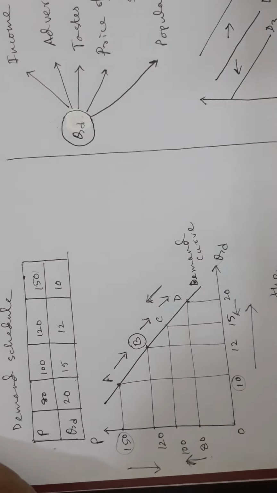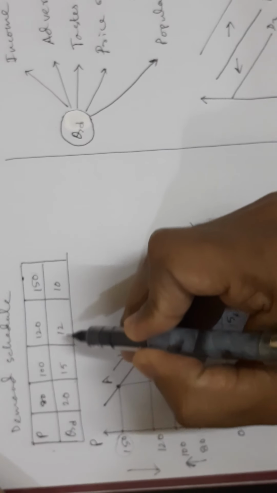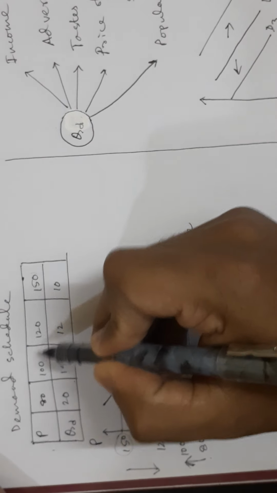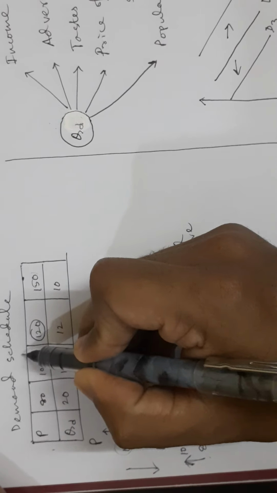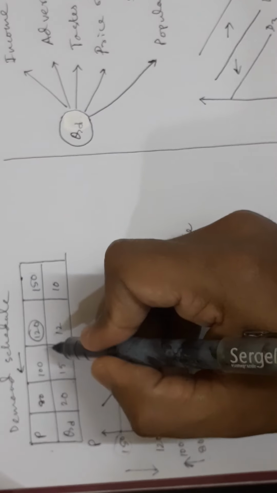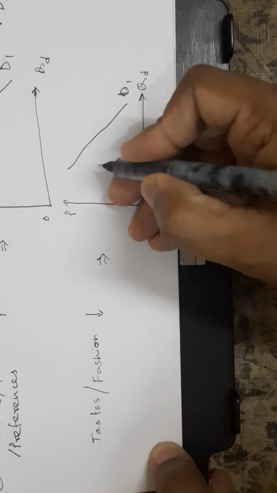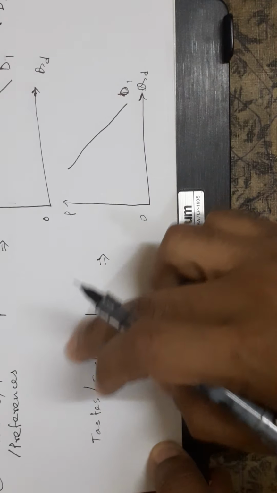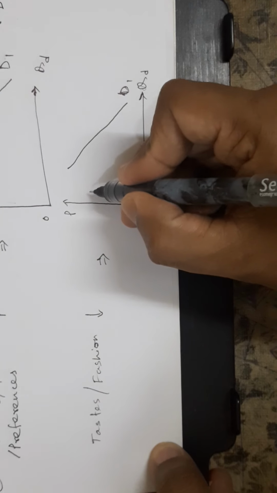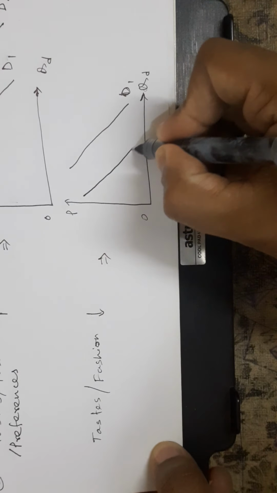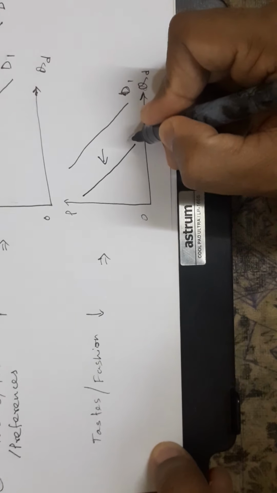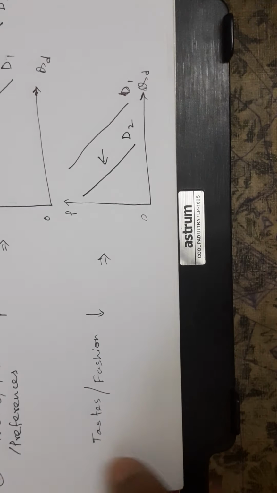If we go back to our original table, for example, if price falls from 120 to 100, you are expected to raise your demand. But if you don't like that product anymore, your demand will not rise. So fashion is one of the other factors apart from price. If something becomes less fashionable, demand will fall and shift to the left.